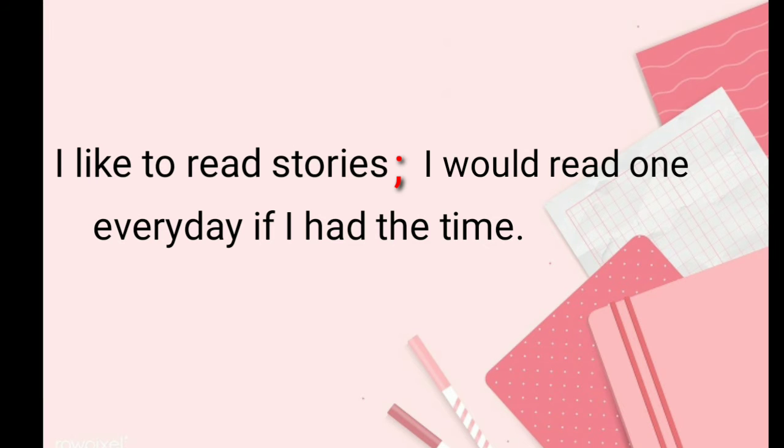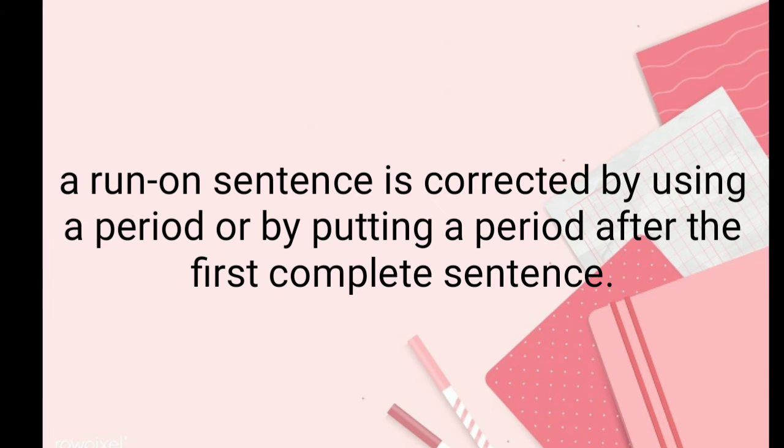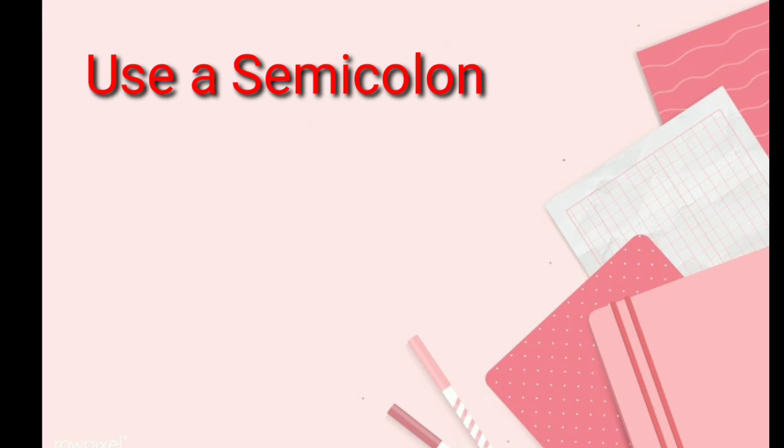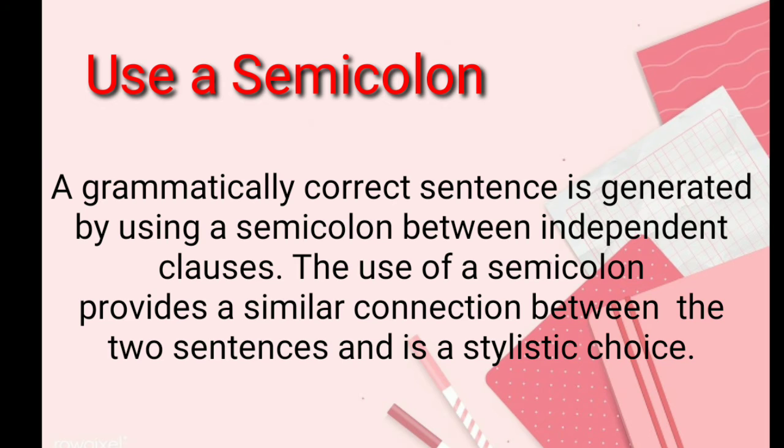I like to read stories. I would read one every day if I had a time. A run-on sentence is corrected by putting a period after the first complete sentence. Another way to correct a run-on sentence is to use a semicolon. A grammatically correct sentence is generated by using a semicolon between independent clauses.